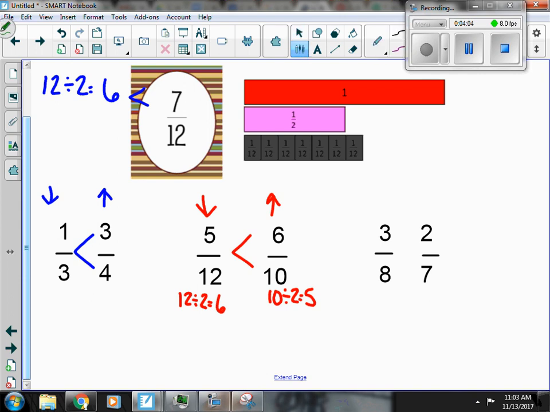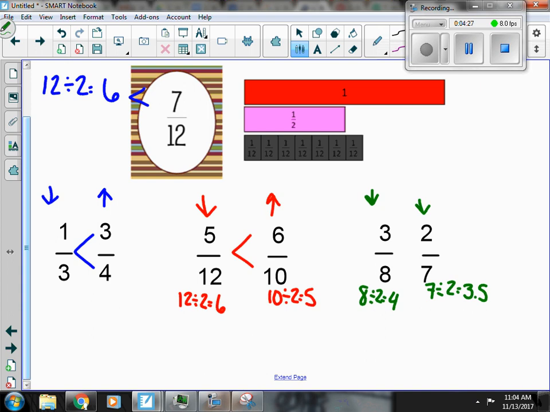And my last one, 3/8. Half of 8 is 4, and 3 doesn't quite get there, so that one is less than a half. 2/7. Half of 7 is 3.5. That one doesn't quite work either, because it's 2, so that one's also less than a half.